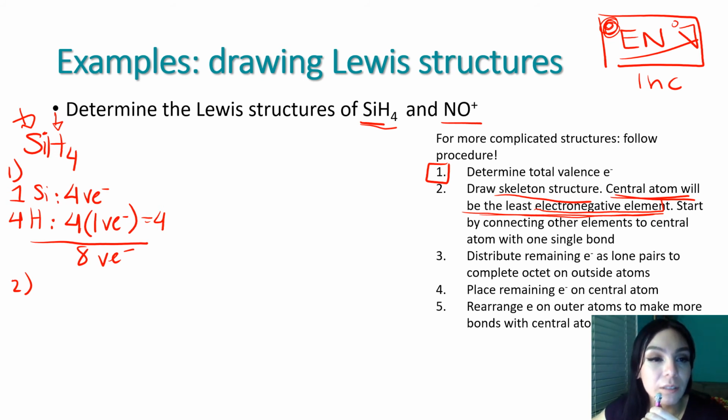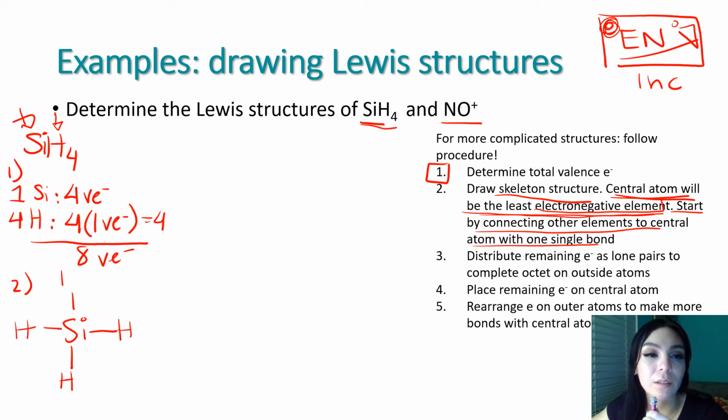So here, silicon is our central. And then you will start by connecting your other elements with one single bond. So you can draw that one line. That's one single covalent bond. Now from there, you distribute any remaining electrons to complete octets on the outer atoms.